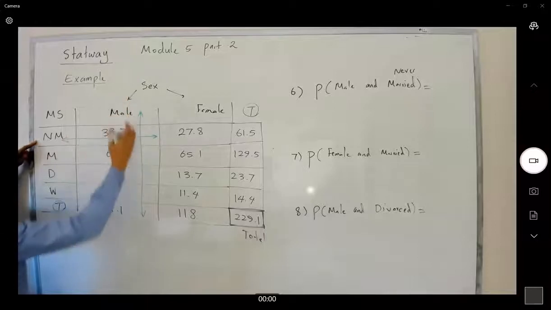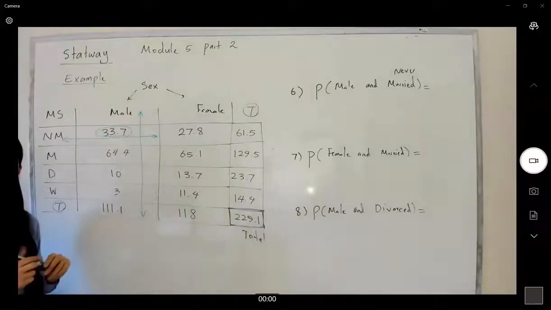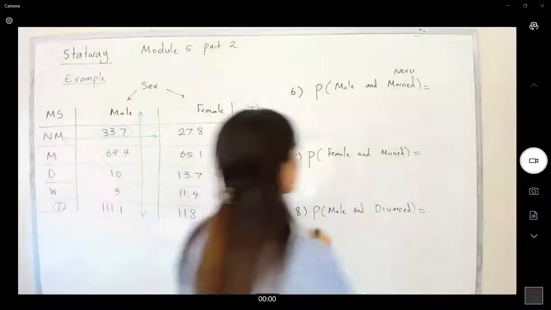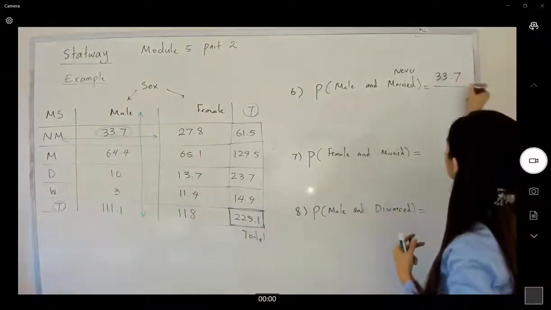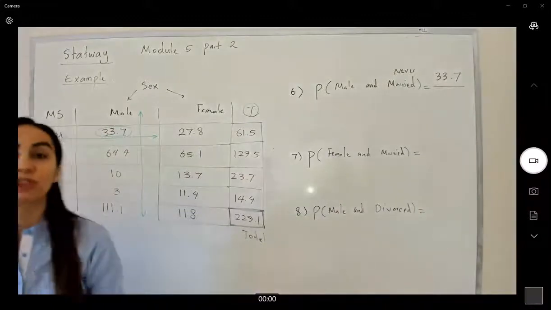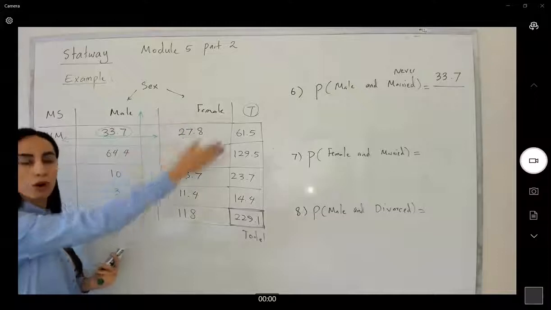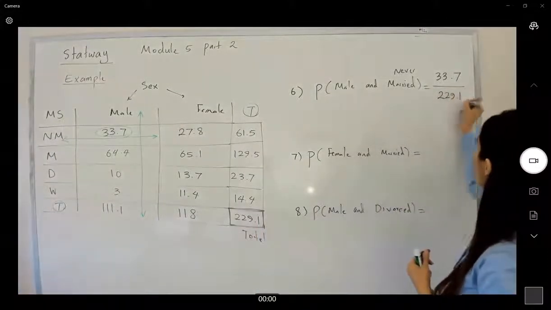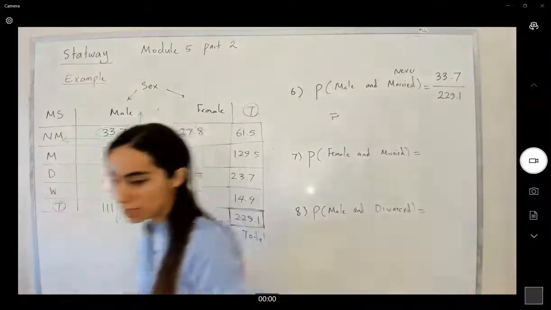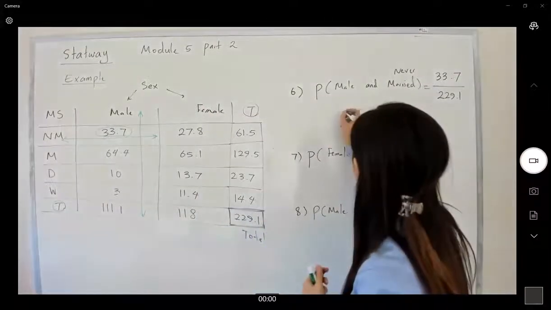The intersection between this column and this row is 33.7. So 33.7 goes on the numerator. What would be your denominator? The denominator is, we're looking at the total, so it is 229.1. Approximately equal to 14.7%.